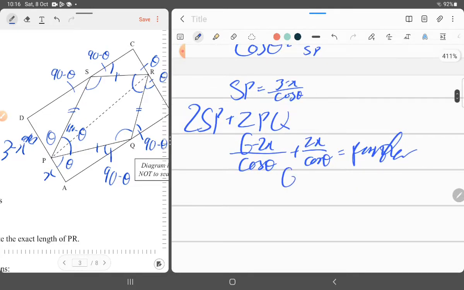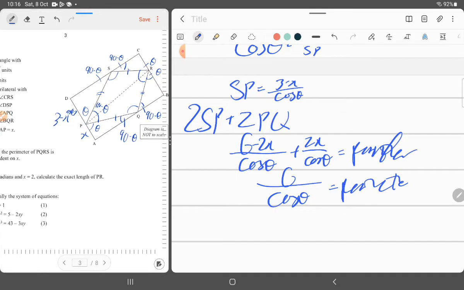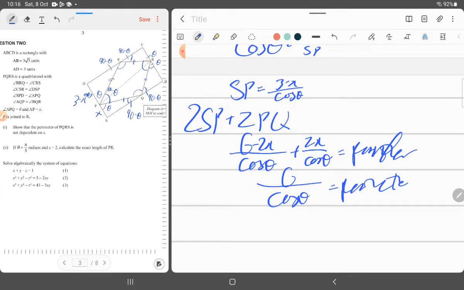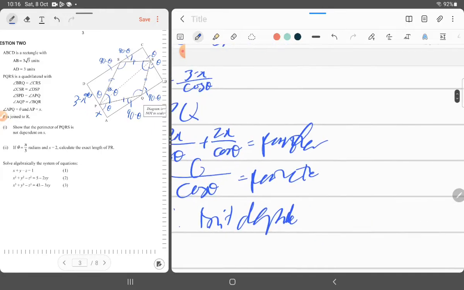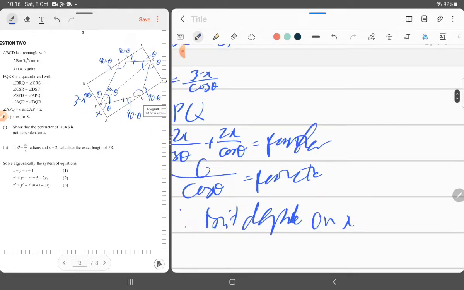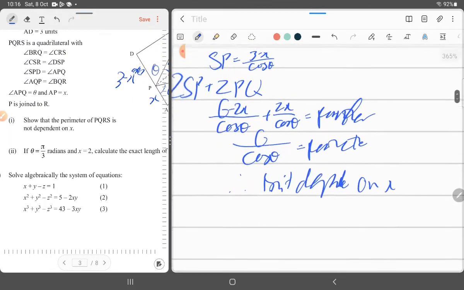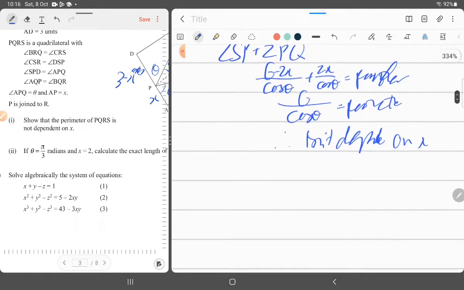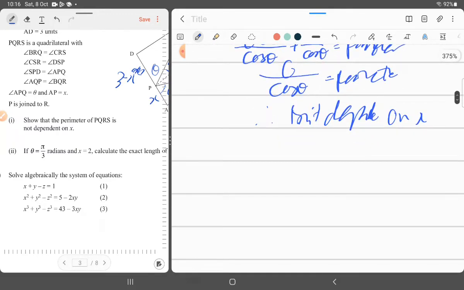So 6 over cosine theta equals the perimeter, I believe. Yeah, therefore it isn't dependent on x.